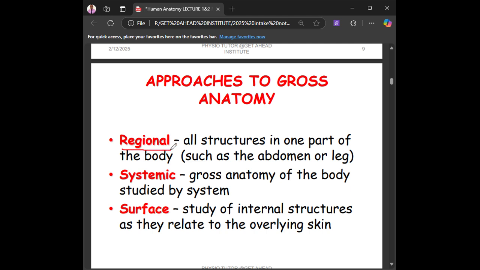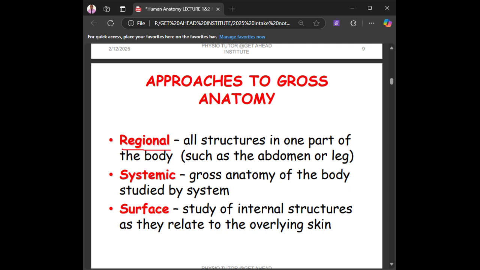Regional anatomy examines all the structures in a particular region of the body as one complete entity. So regional anatomy studies all the structures in one part of the body as one complete entity.